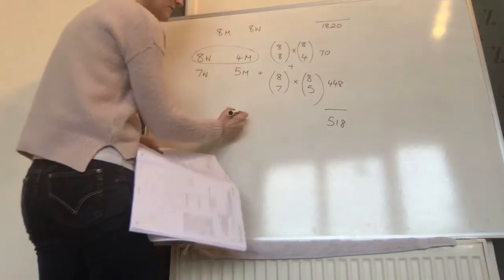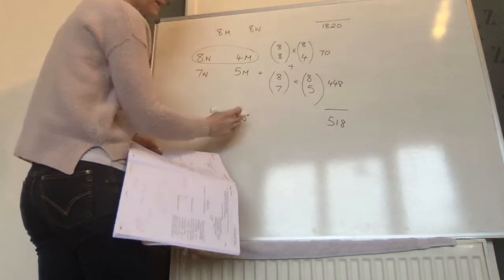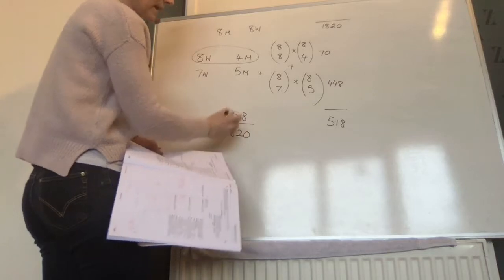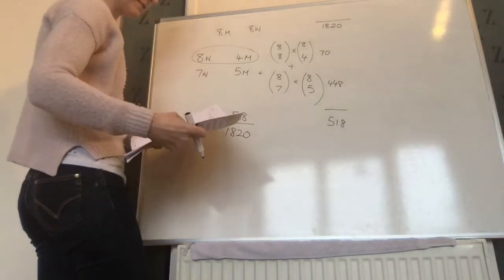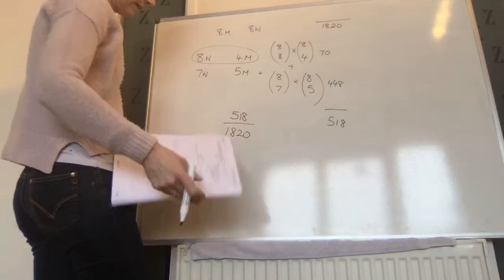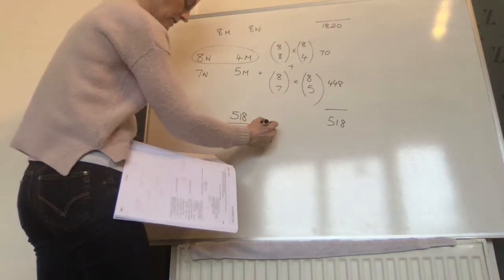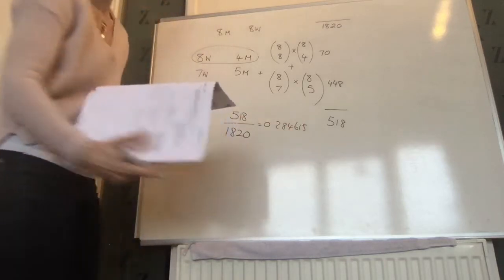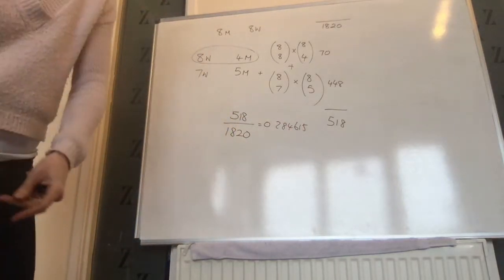And the answer then is there's 518 ways of picking more women than men out of the total number of ways of picking the jury. And your probability is 518 out of 1820, and that is 0.284615. Okay, again, that was a very straightforward one.